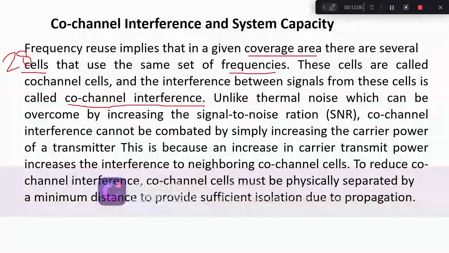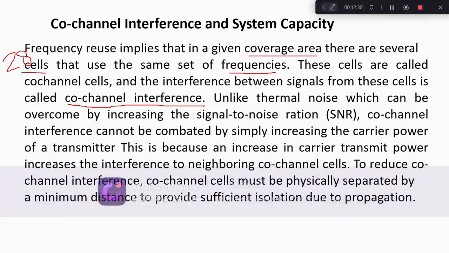I have previously told you the concept of co-channel interference from the diagram, but now it's very much clear that since we are doing repetition, we want to increase the capacity, we have to reduce the cell size, or we have to increase the number of clusters.